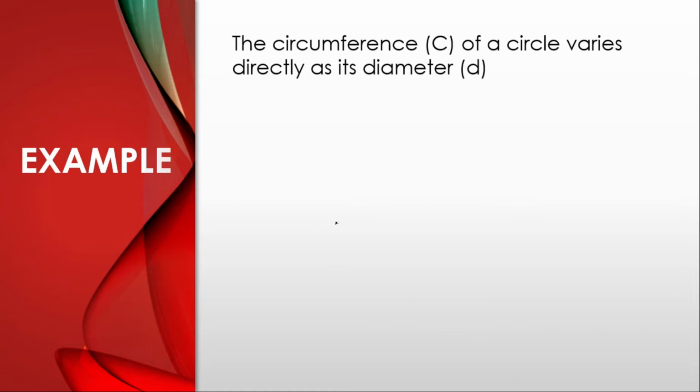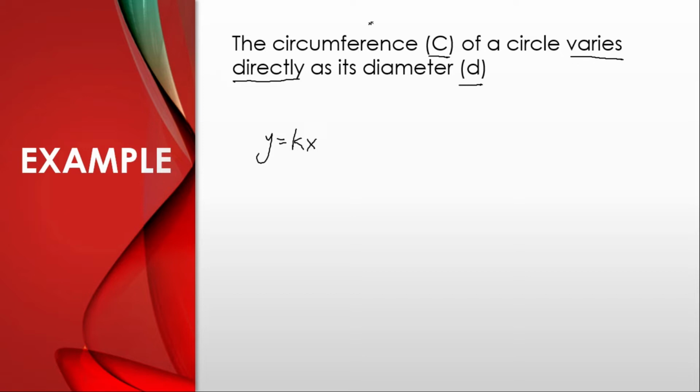Another one, the circumference, or the c, of a circle varies directly as its diameter. Tingnan nyo, varies directly. So, this is also a direct variation. Meron tayong formula na y is equal to kx, at kailangan nyo malaman yung y tsaka x dito. Yung y, class, is yung variable na mauuna lagi dito sa varies directly.